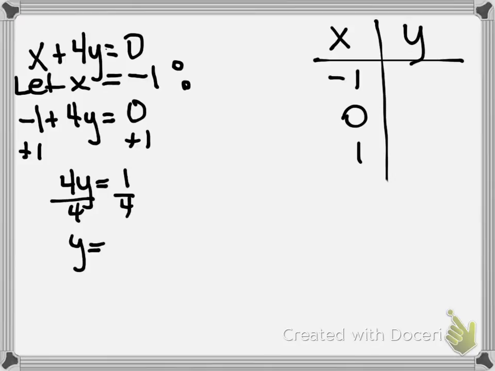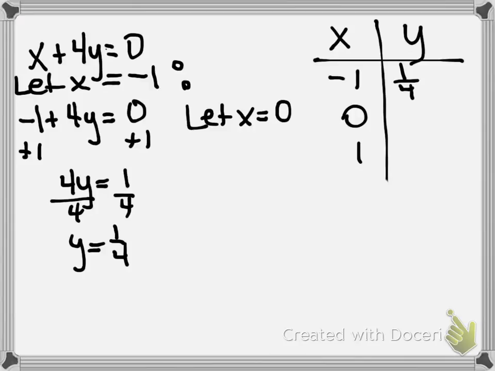So y equals 1/4. So the way this linear equation is written, the format that it's in, makes it a little difficult to use a table of values. Now we will learn an easier way to do this, but for now that is the only tool that we have.